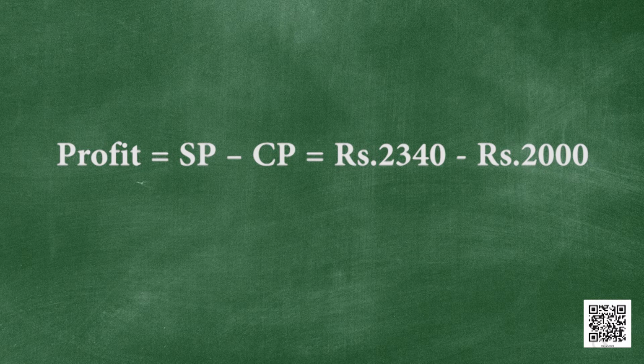So, profit is equal to selling price minus cost price, which is equal to rupees 2340 minus rupees 2000, which is equal to rupees 340. The shopkeeper made a profit of rupees 340 on rupees 2000.